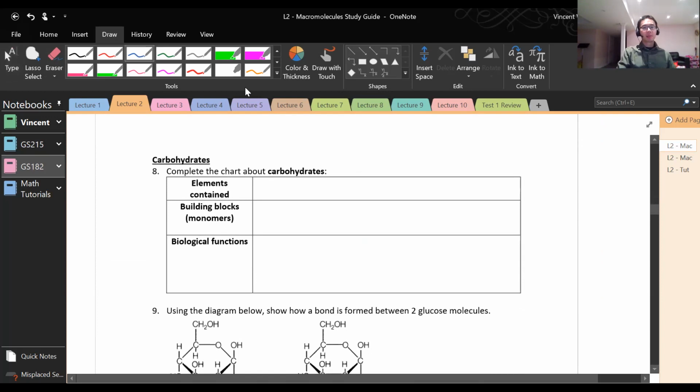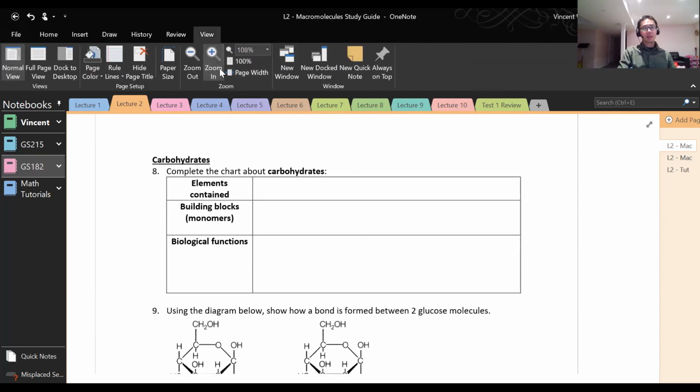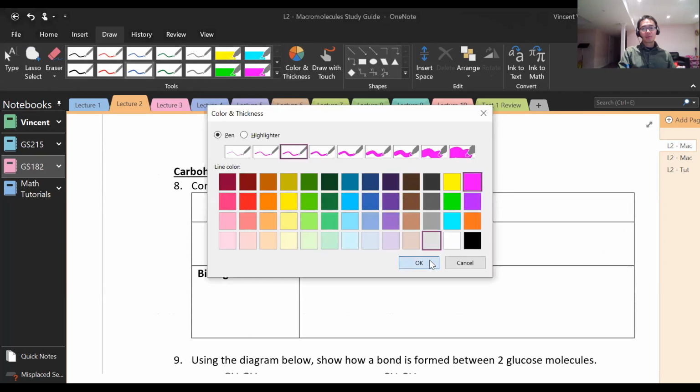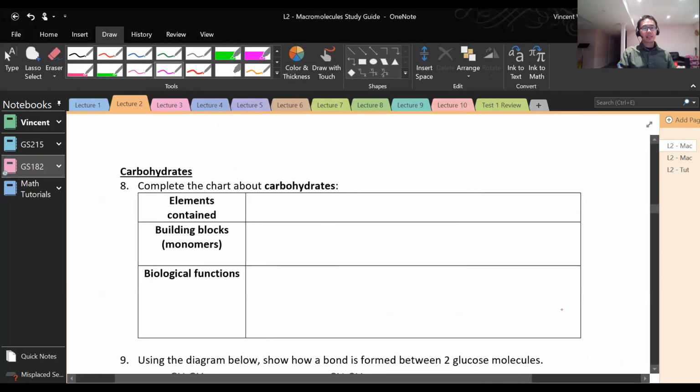Moving on. Carbohydrates. Complete the chart about carbohydrates. The elements contained: what are carbohydrates made up of? They are really big, but they're made up of just three elements: carbon, hydrogen, and oxygen.